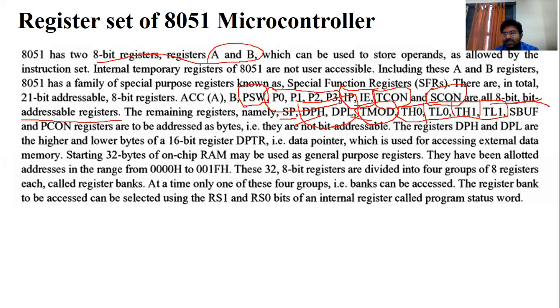Then another one is the serial buffer register, SBUF. This is an 8-bit register used in serial communication. The last one is the power control register. PCON means power control register.